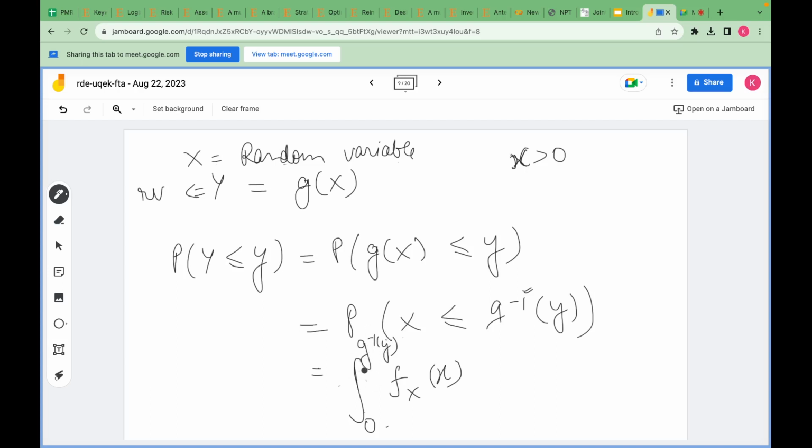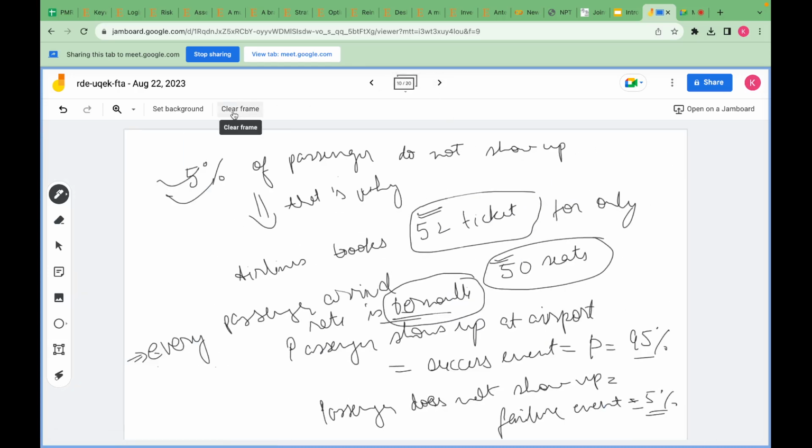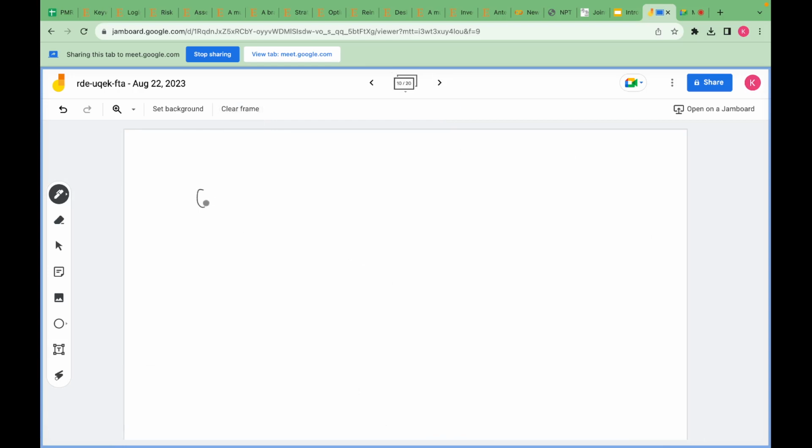So now we can differentiate it on both sides, with respect to y. By differentiating the LHS, which is P(Y less than or equal to y), this is nothing but the probability mass function for y.